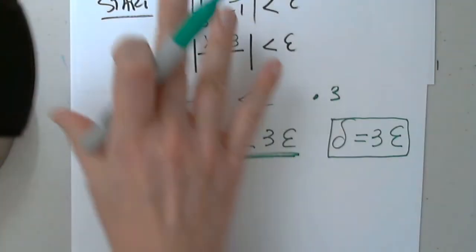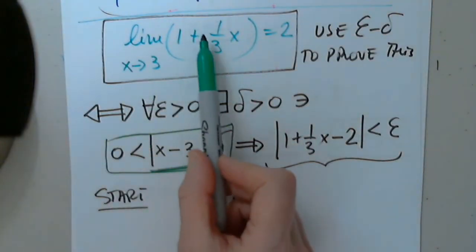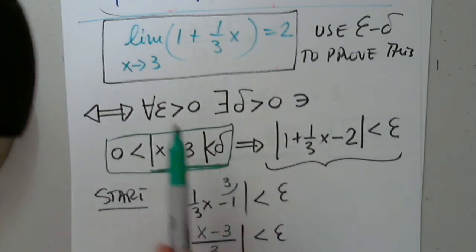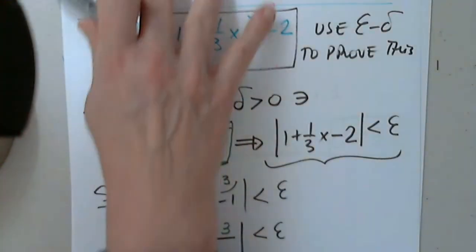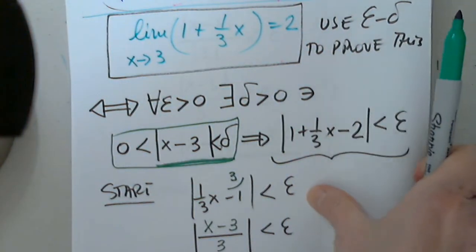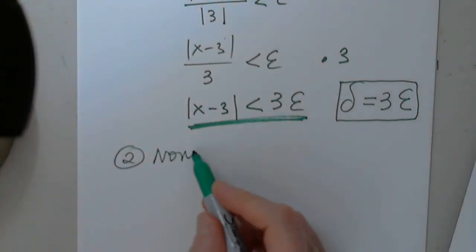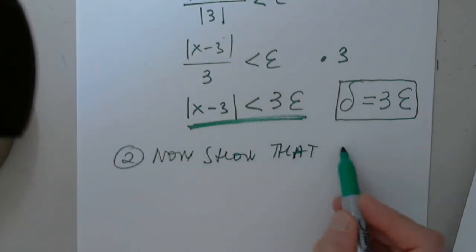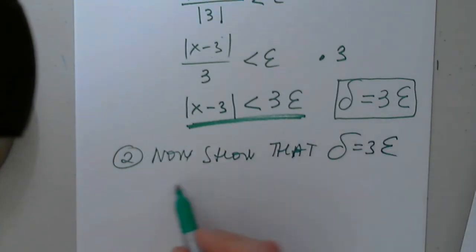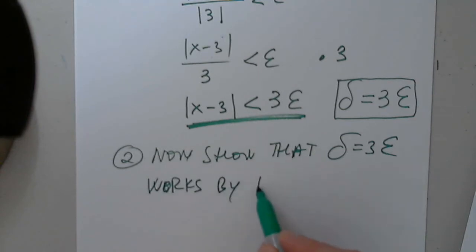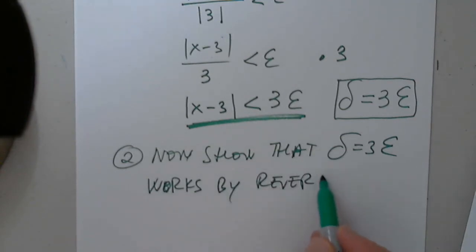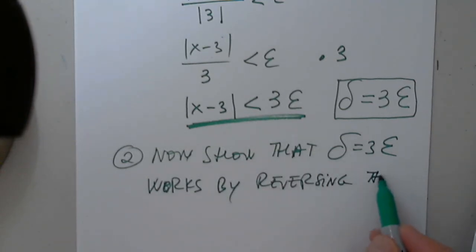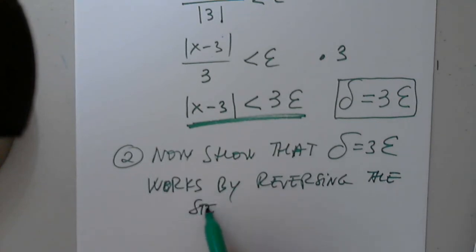Here's why. Because I have to show that this implies this, and this implies that, both sides. So I only want you to write, now show that delta equals 3 epsilon works by reversing the steps from above.